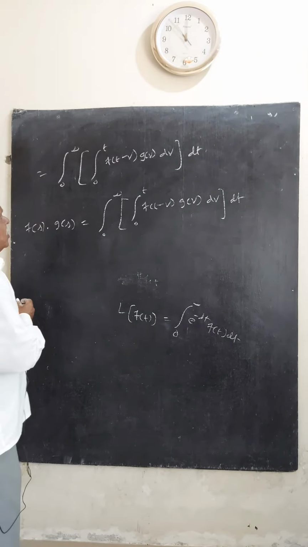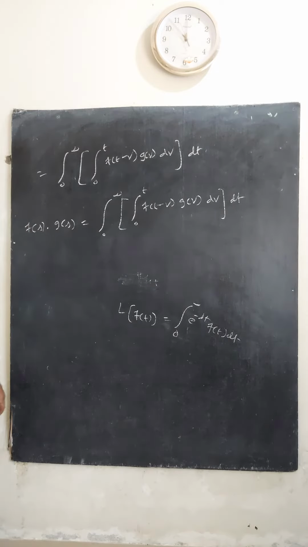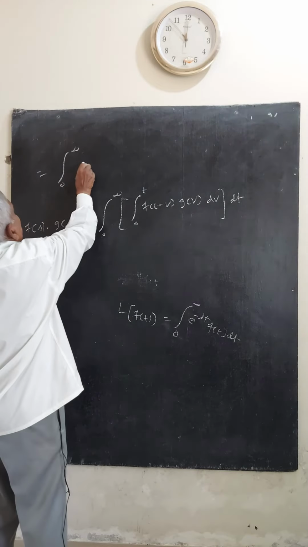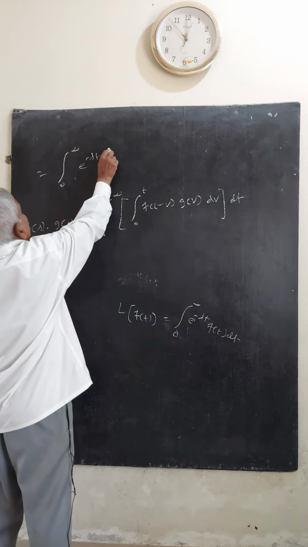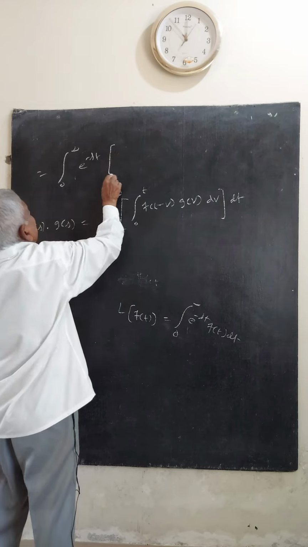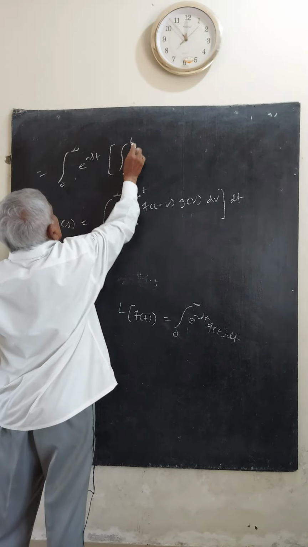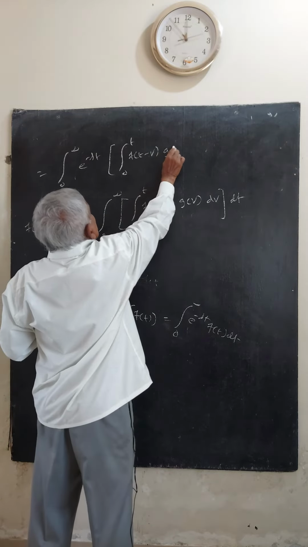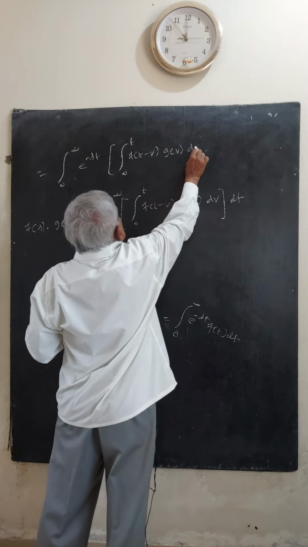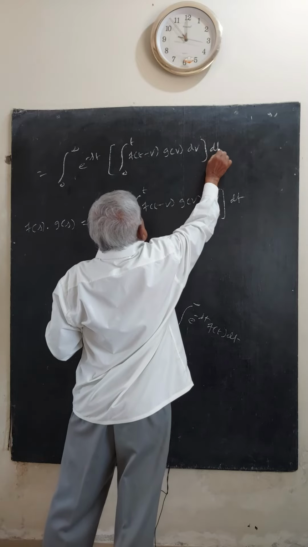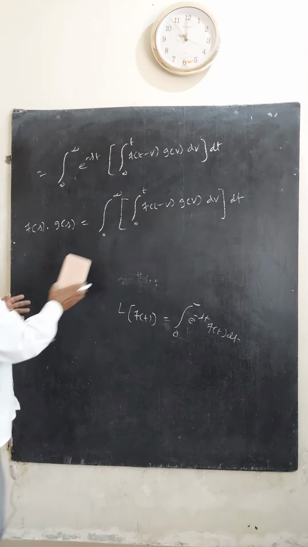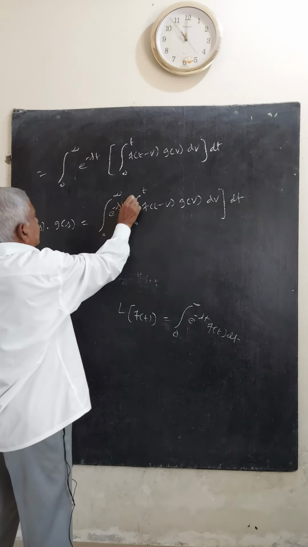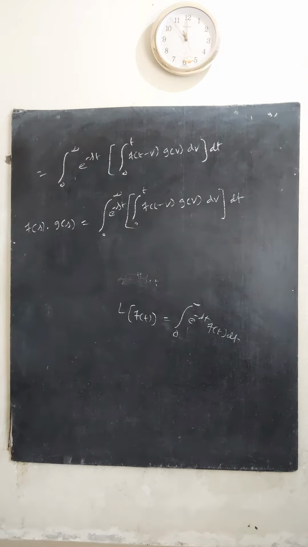I have not written e power minus st on the top. e power minus st, 0 to t, f of t minus v, g dv dt.